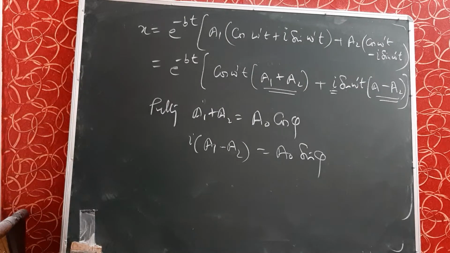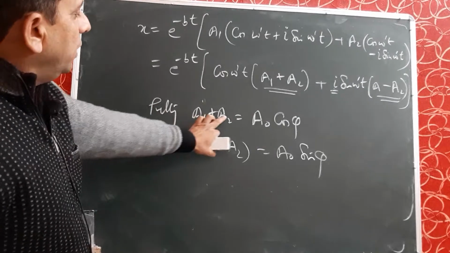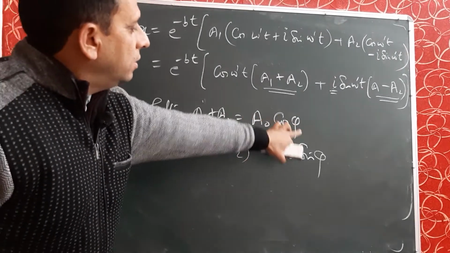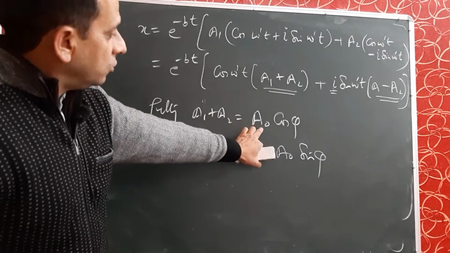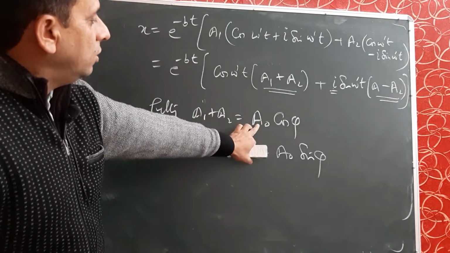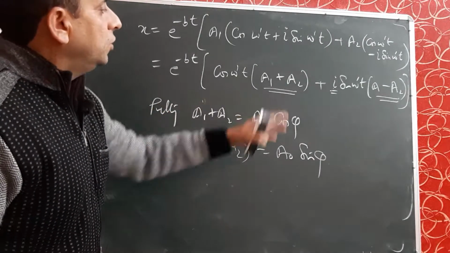A naught is also a constant. So, I have converted a1 and a2 in terms of a naught and phi. There are two unknown constants a1 and a2, and there are also new unknown constants a naught and phi. So, I have converted these constants into new constants.